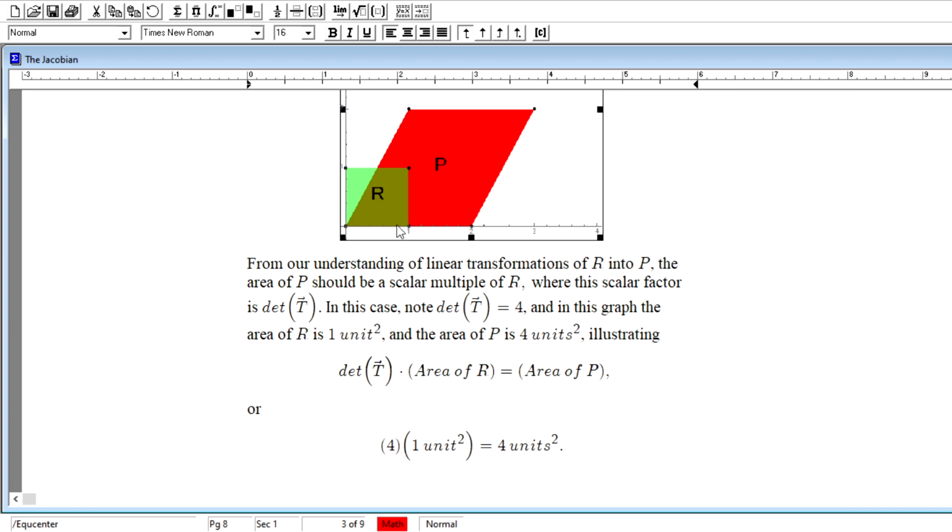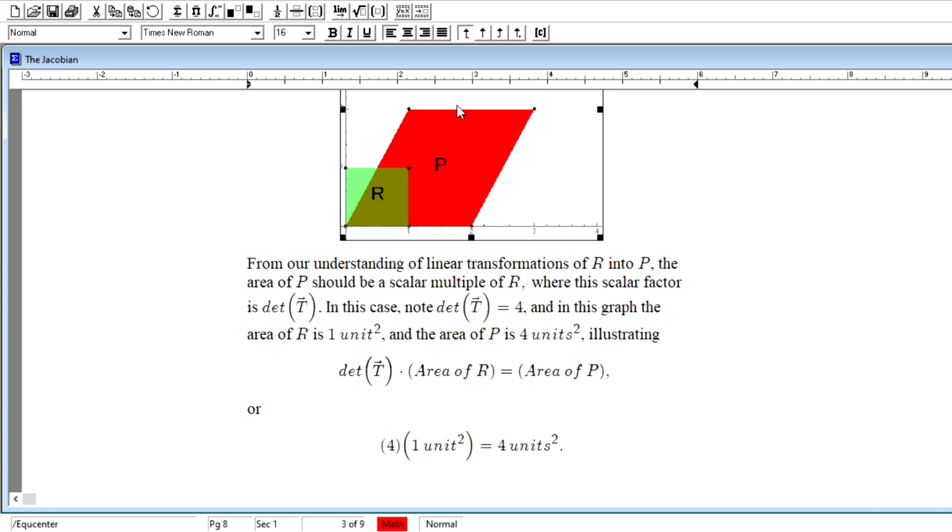Now, if we take note, the area for R is 1 unit by 1 unit, so that is 1 square unit in area. Whereas for P, you take note, it is a parallelogram in its behavior, right? We do have these two parallel sides of congruent size. Two opposite parallel sides of congruent size form this parallelogram P, right? Where the area of a parallelogram is the length of the base times the vertical height, right? In this case, the length of the base is 2 units.